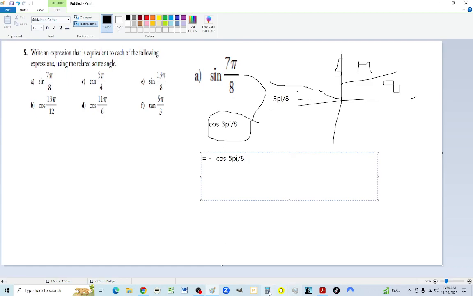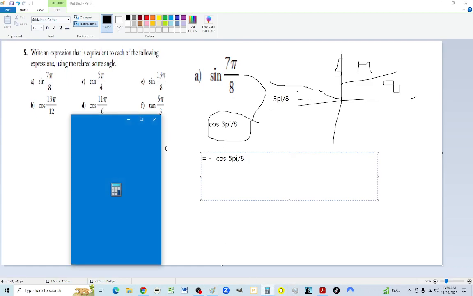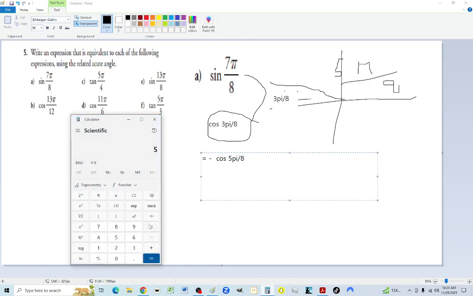Let's see if that's true. 5 times pi divided by 8, make it negative. Oh, don't make it negative yet. Find the cosine. Nope, I got it wrong. Let's find it again. 5 times pi divided by 8, find the cosine. Nope, I got it wrong somehow.